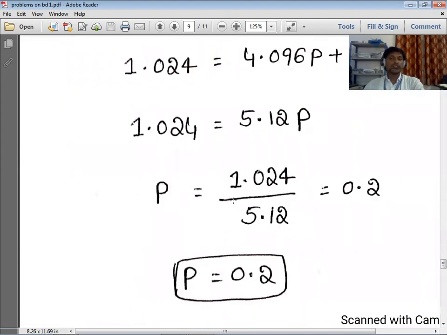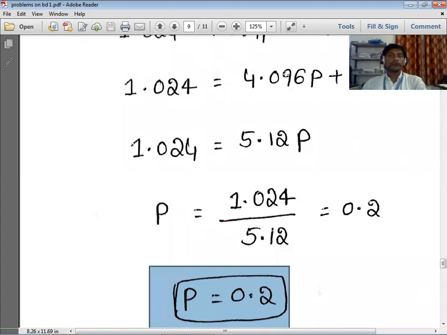So p is equal to 1.024 by 5.12, which is p equal to 0.2. This is the value of p. If they ask to calculate q, by using the relation q is equal to 1 minus p, 1 minus 0.2, that is 0.8. So this is the problem on binomial distributions. Okay, so remaining problems.